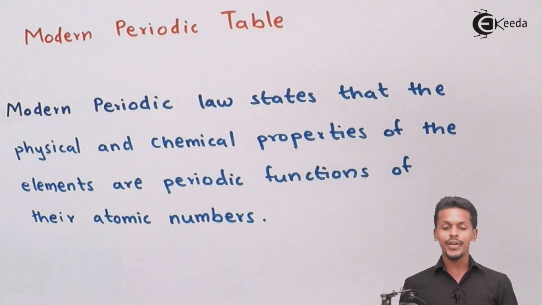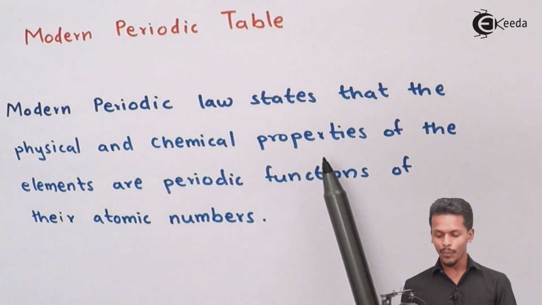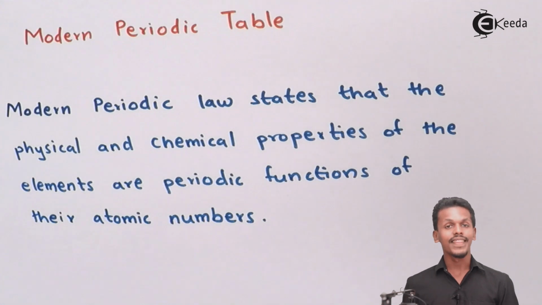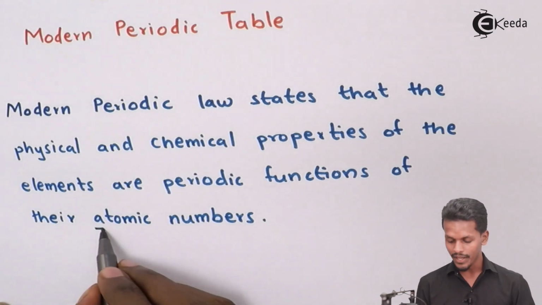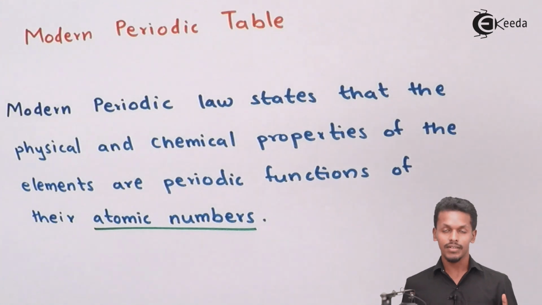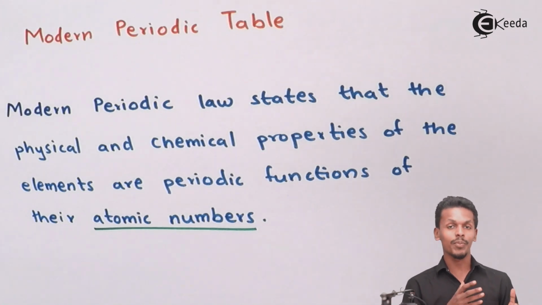So the modern periodic law states that the physical and chemical properties of the elements are periodic functions of their atomic number. In this case, the thing that should be highlighted is the atomic number. Earlier it was considered that the characteristic of an element, based on its physical or chemical property, was dependent on the atomic mass or atomic weight.